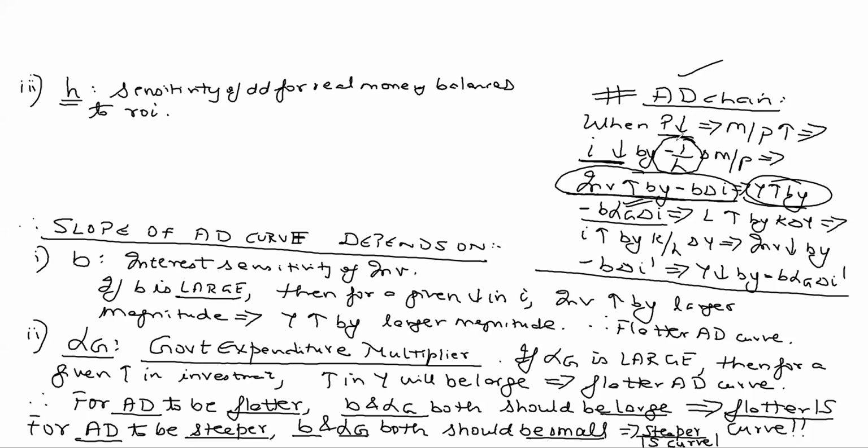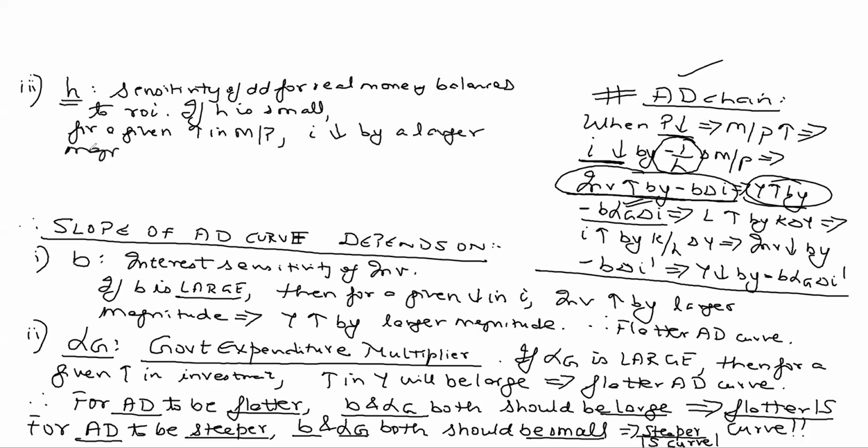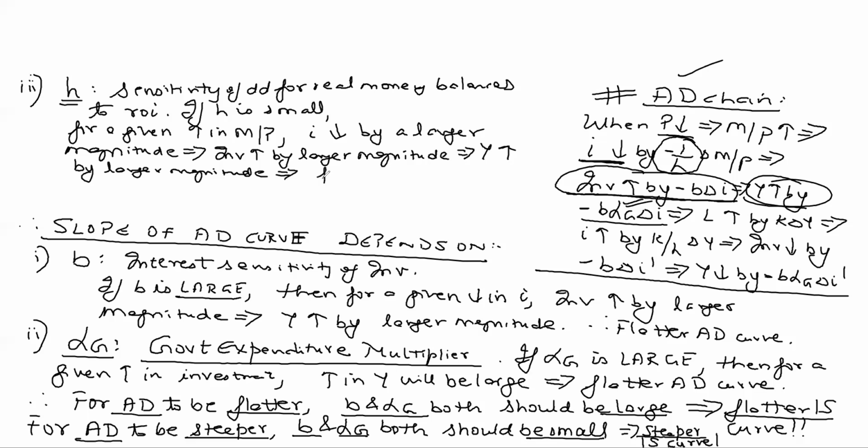Okay, so I can say if H is small, for a given increase in M by P, interest rates will fall by a larger magnitude, which implies investment will increase by a larger magnitude, which implies output will also increase by a larger magnitude, which implies a flatter AD curve.